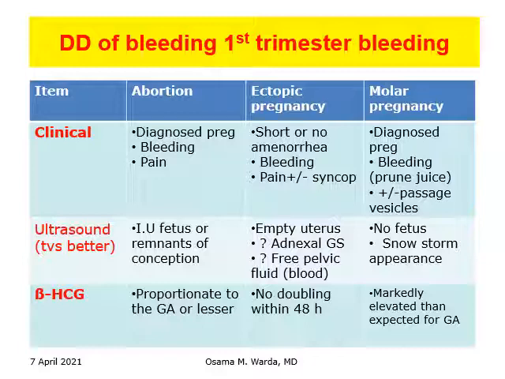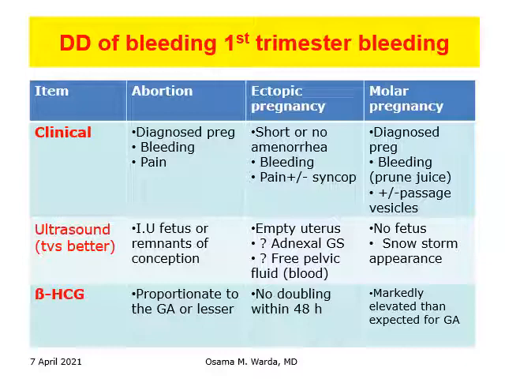What is the differential diagnosis of first trimester bleeding? This table summarizes how to diagnose first trimester bleeding. Clinically, it may be abortion, ectopic, or molar pregnancy.